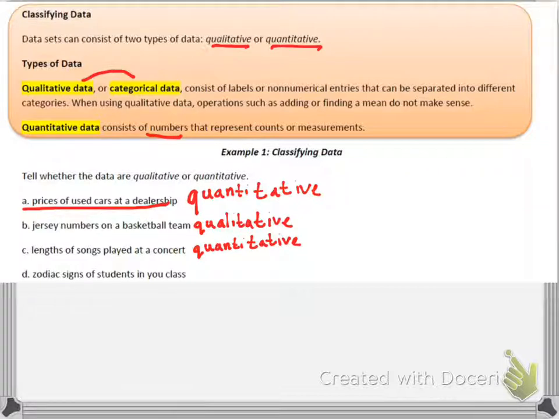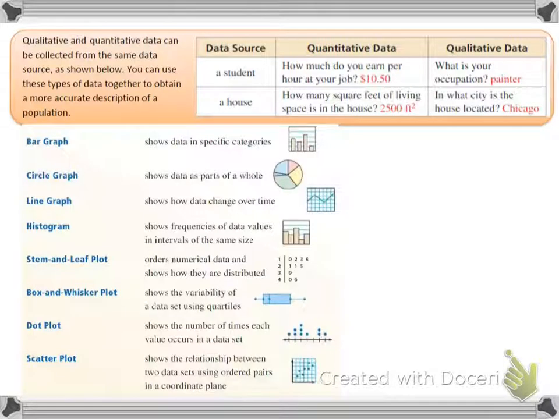These are real numbers that mean real numerical things. Zodiac signs of all the students in class, that's going to be qualitative. That has nothing to do with numbers. Okay, so this is just identifying whether or not our data is quantitative or qualitative.